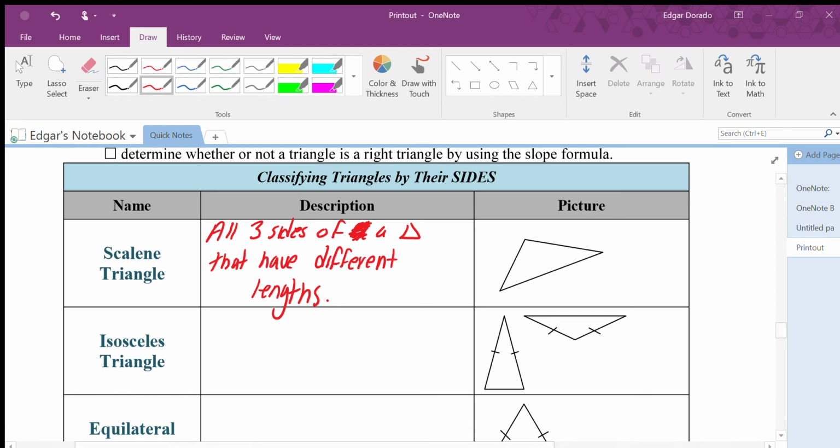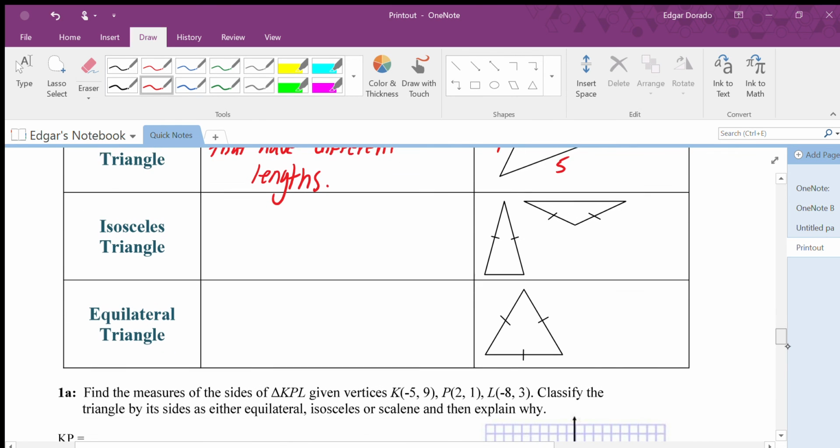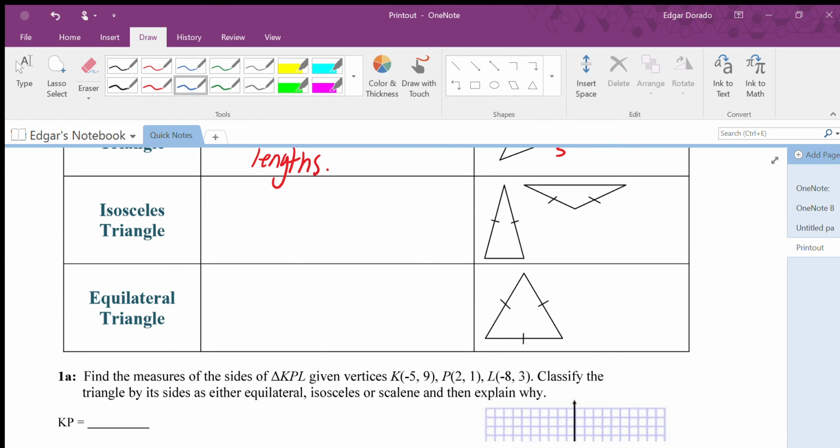So if we have a scalene triangle, that means we have a triangle with all different sides, such as this. If this triangle in particular had one side with a length of 1, the other a length of 3, and the other a length of 5, obviously none of those are exactly the same, meaning we have a scalene triangle.